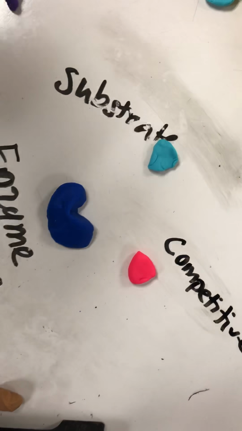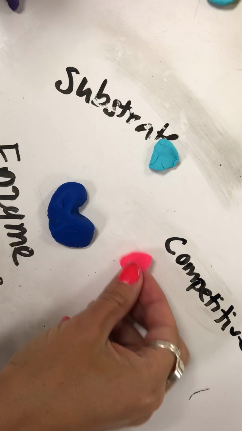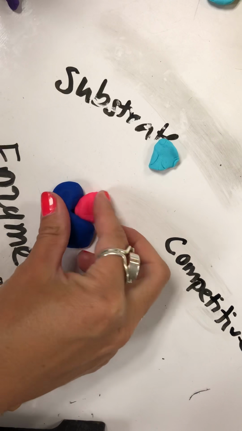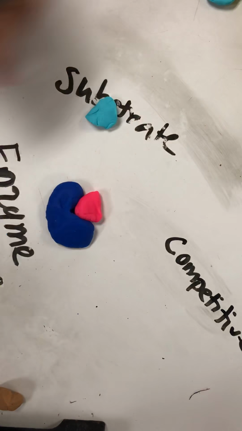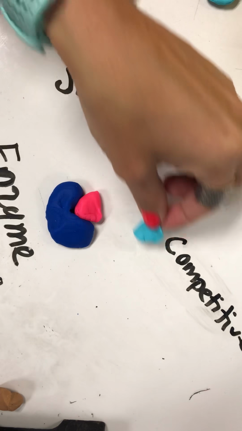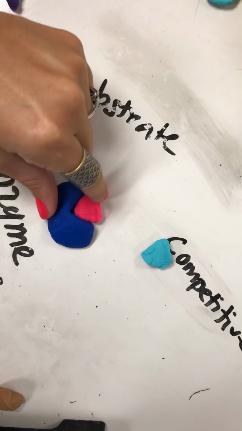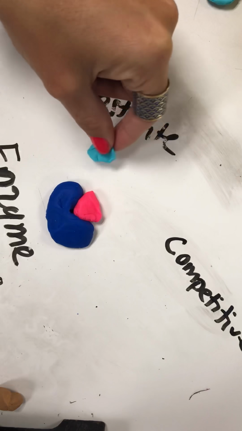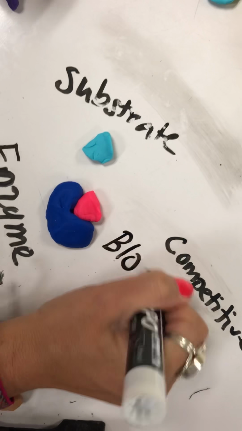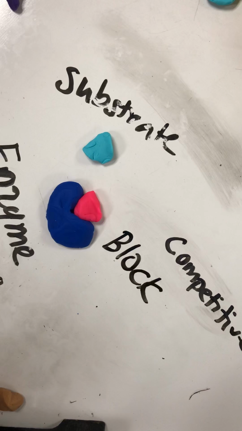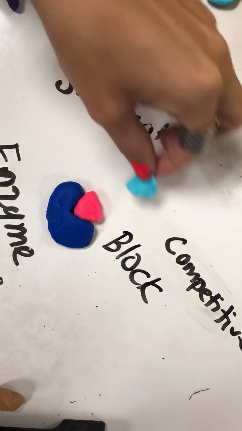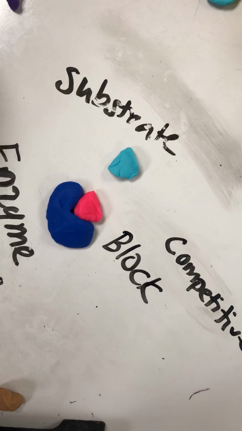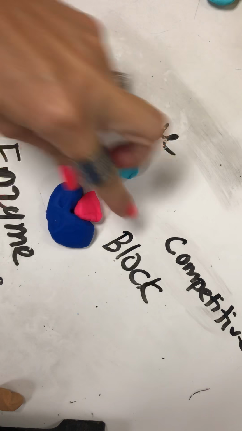So if an inhibitor actually attaches to the active site, that will block the substrate. So now the substrate cannot come in for a reaction. So that is a competitive inhibitor. It is blocking or preventing the reaction from occurring. So we call that a competitive inhibitor because it's competing with the substrate for this active site.